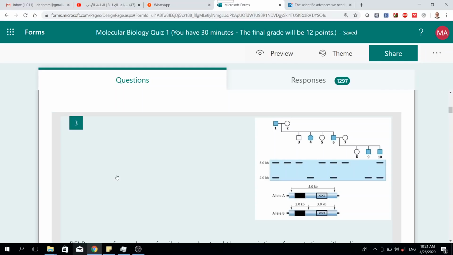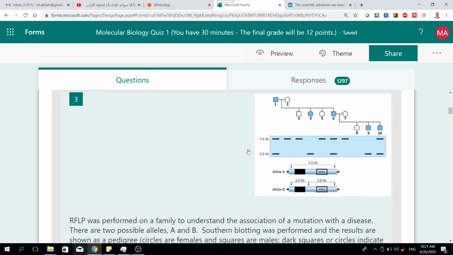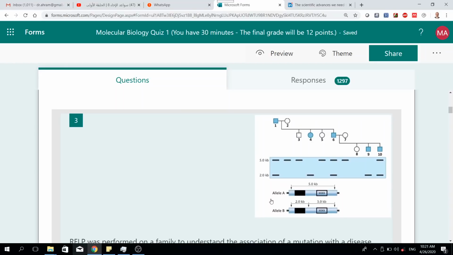So, in the first question right here, RFLP was performed on a family to understand the association of a mutation with a disease. There are two possible alleles, A and B. Southern blotting was performed. Allele A has this chromosome; if cut by a restriction nuclease at this position and that position, you would have the generation of a 5 kilobase DNA fragment that can be detected by a probe right here.